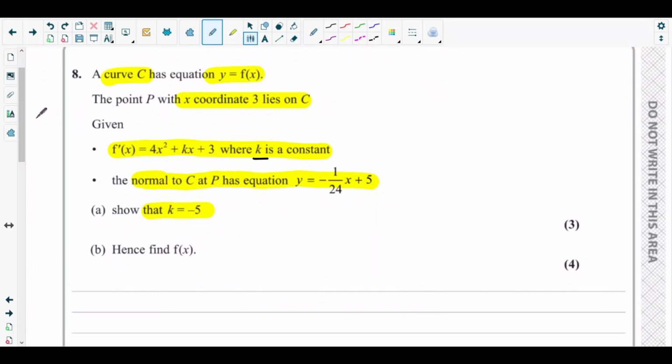Using the gradient function, we can find the gradient of the curve at any specific point, right?